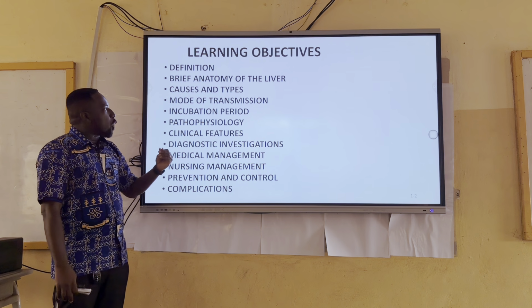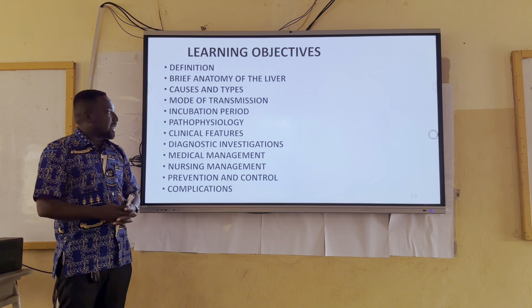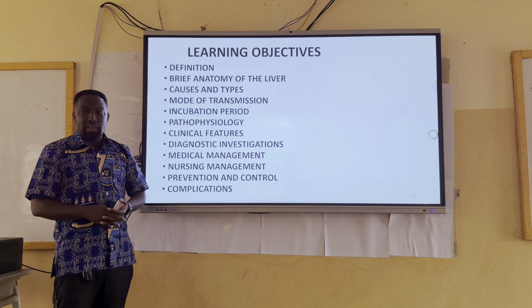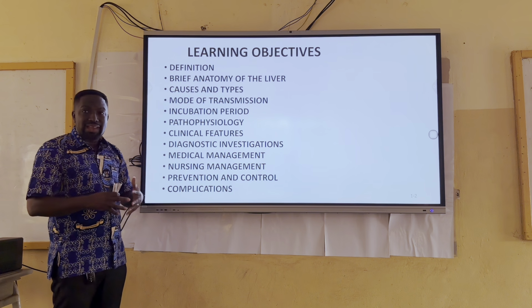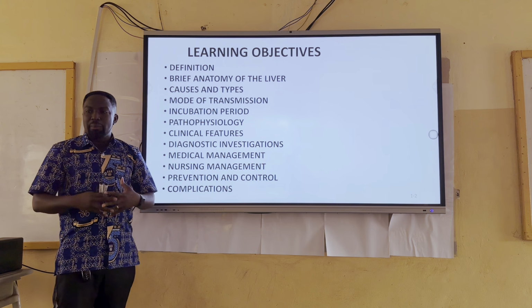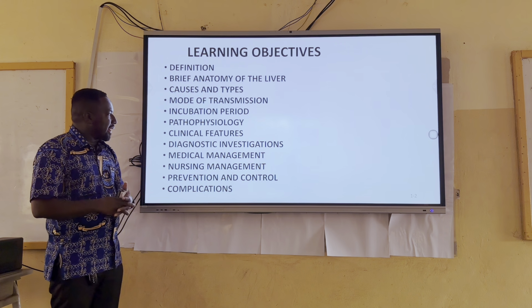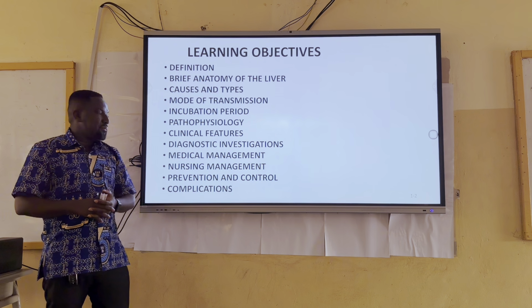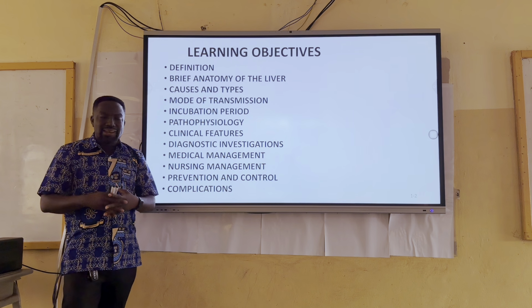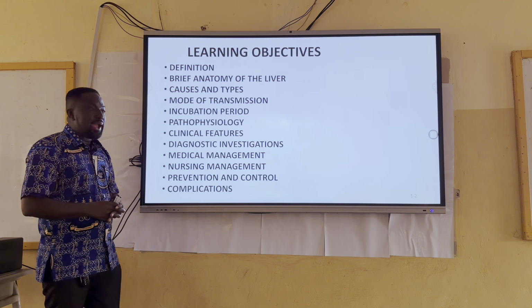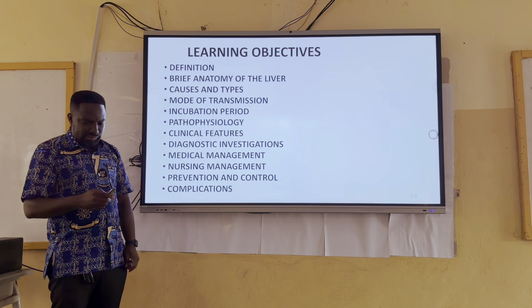Then we will learn the causes and the various types of hepatitis, mode of transmission and incubation period for some of the types of hepatitis. We will also talk about the pathophysiology of hepatitis, clinical features, diagnostic investigations, medical and nursing management, and then we will end with prevention and control and complications.